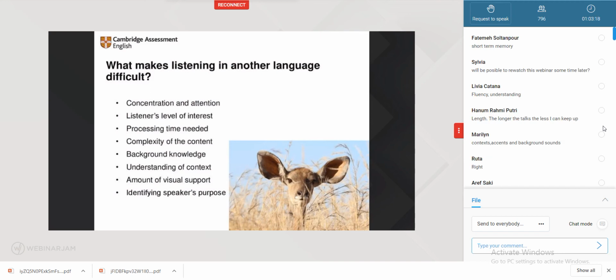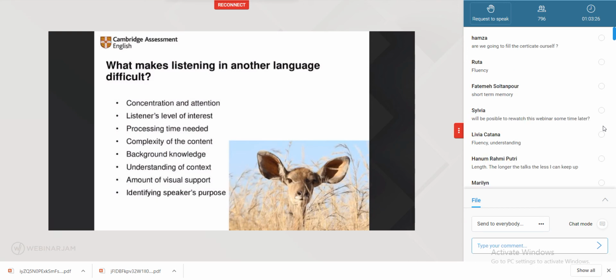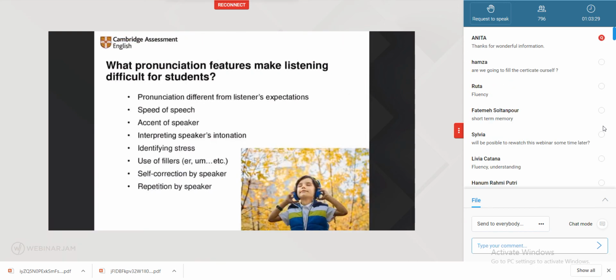Helps again from a productive point of view. When we're writing or speaking, we have to bear our purpose in mind, but identifying it from a receptive point of view can also help understanding a lot. Pronunciation features which make listening difficult. It's difficult if it differs from their expectations, or they have not come across it before. All of the accents in our exams are native accents, but especially at C1 there will be more of a variety. So they should be familiar with various accents from the US, Canada, England, Scotland, Wales, Ireland, Australia, New Zealand, maybe South Africa as well.